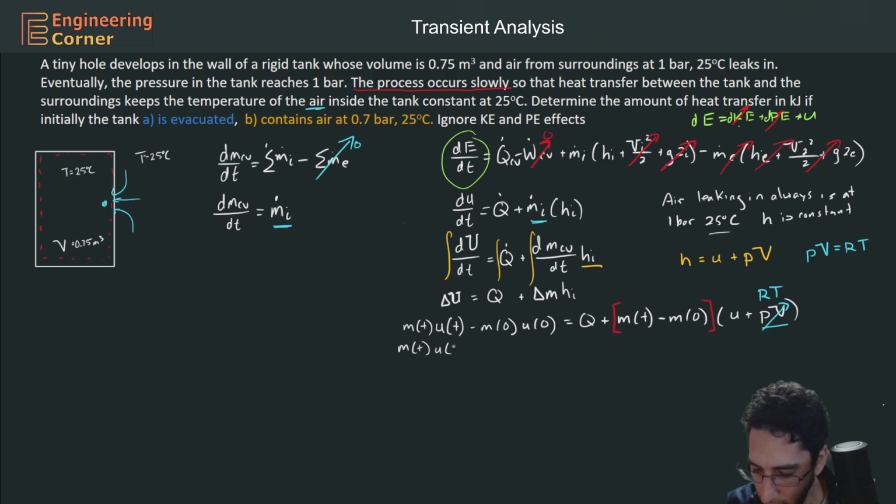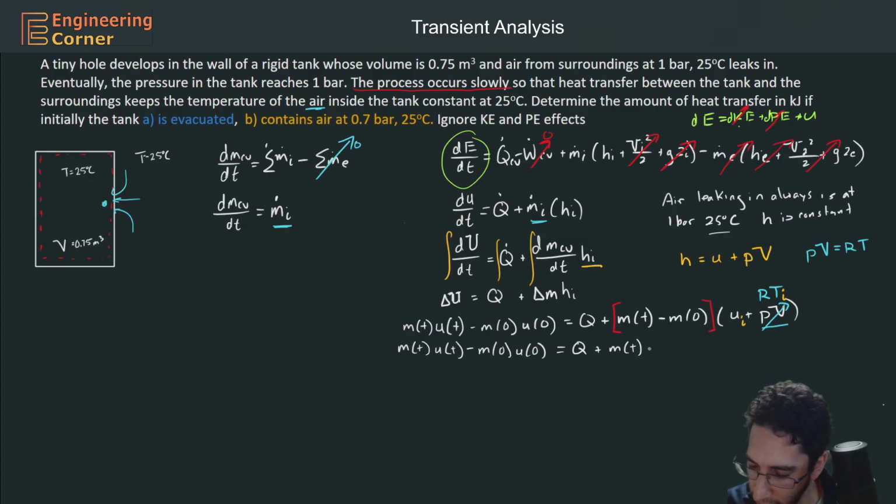But we're going to have M_t U_t minus M_0 U_0 is equal to Q. Multiply this, so we get plus M at time t times, we do need to be a little bit careful. I was a little sloppy, but this is my initial internal energy and this is my initial temperature. So I do have subscripts of i on those.